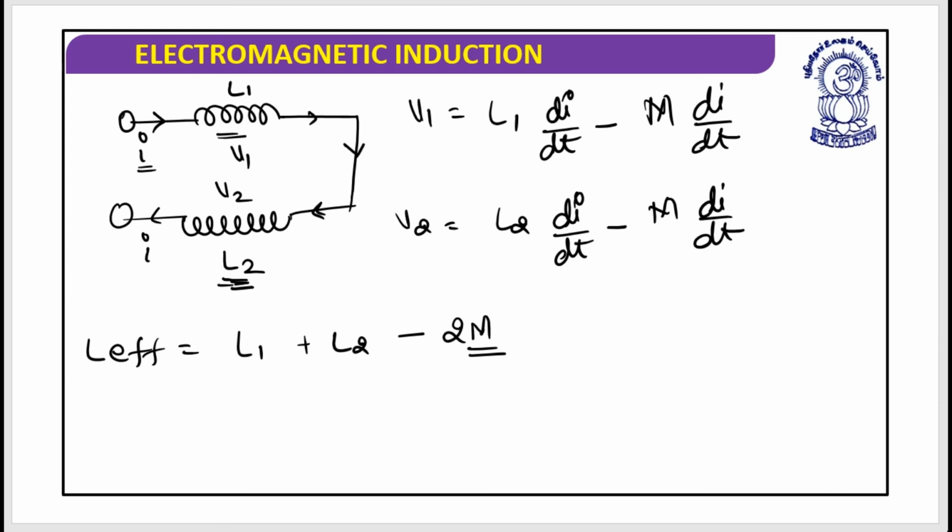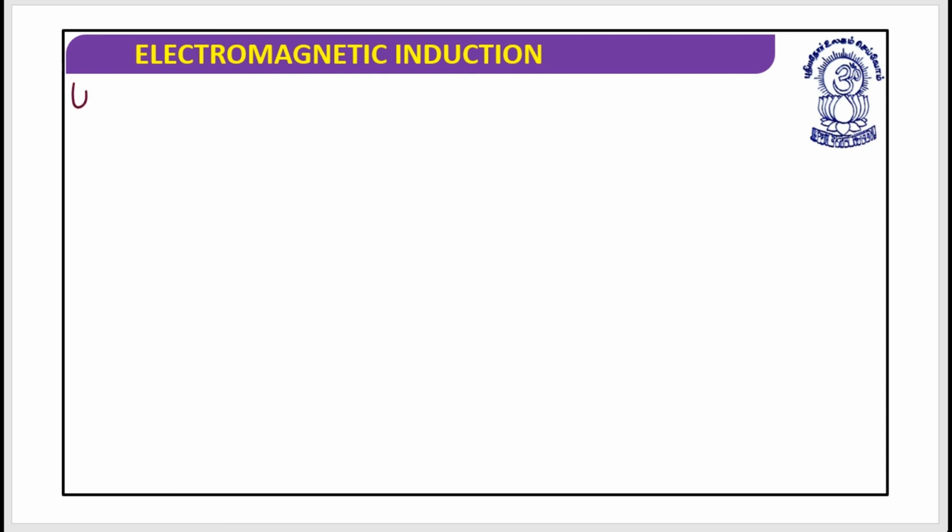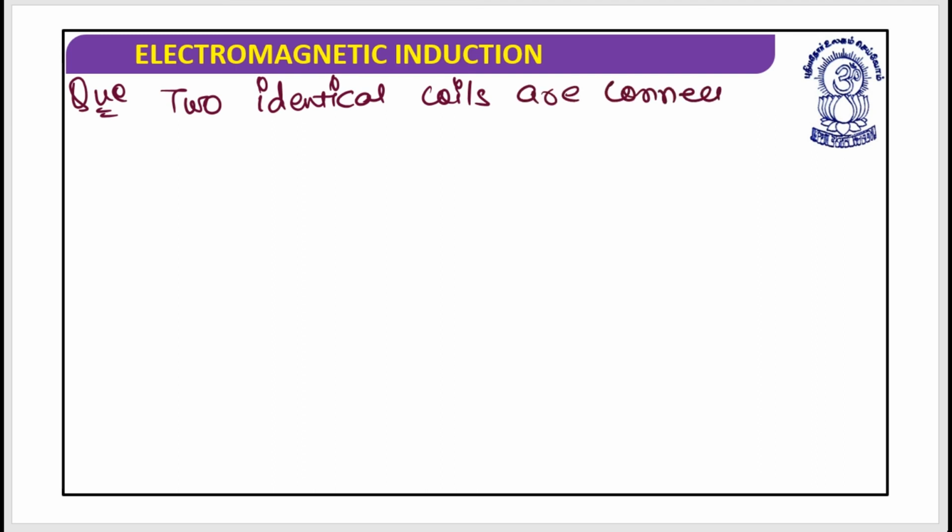Great. Let's work through one question. This will help us understand it in a more effective way. The question says: two identical coils are connected in series in two different ways.